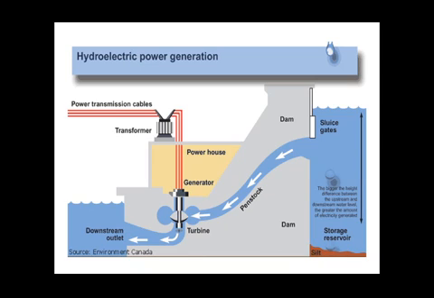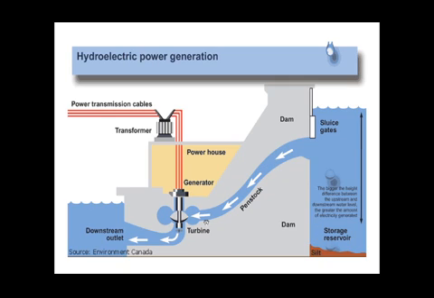So again, now you can see over here a figure of a hydroelectric power plant. The river is there, and you can see a dam is constructed. Then when the dam is filled with water, its water is allowed to flow.